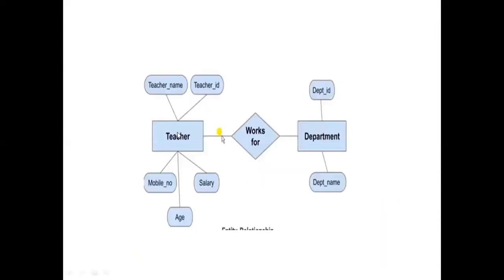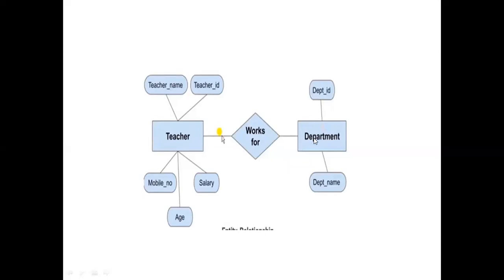So this is one kind of ER model where the entities and attributes are there. Some special figures are used to represent them. Teacher and department are entities, represented with a rectangle, and their attributes, that is ID, name, mobile number, salary, age, are drawn with oval-shaped structures.